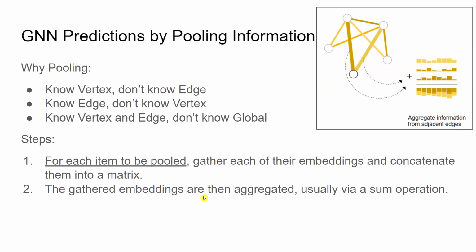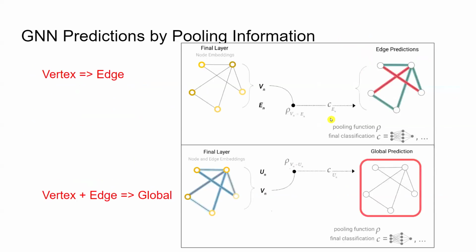So the gathered embeddings are then aggregated, usually via a sum operation. You add the two pieces of information, sum them, put them through a function, and you get an answer for this node. So you can predict the information in this node using the two edges. That's the idea of pooling information.